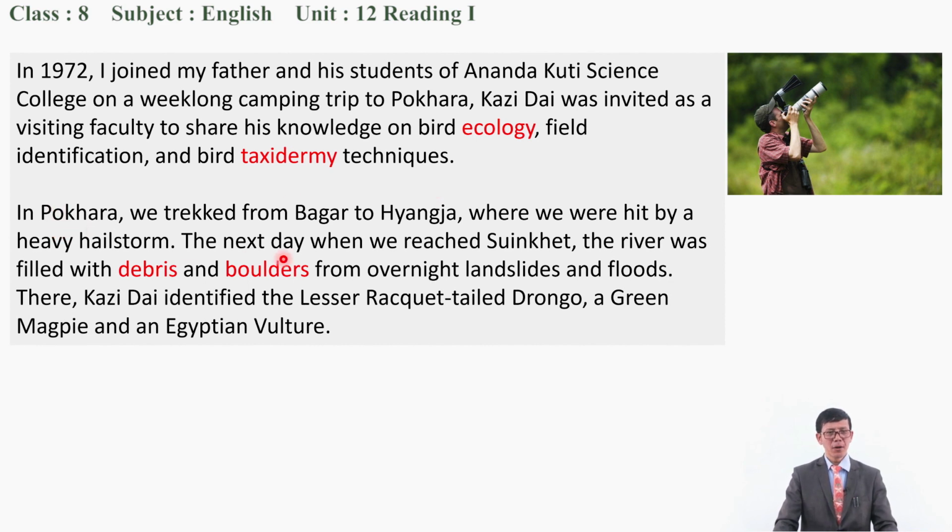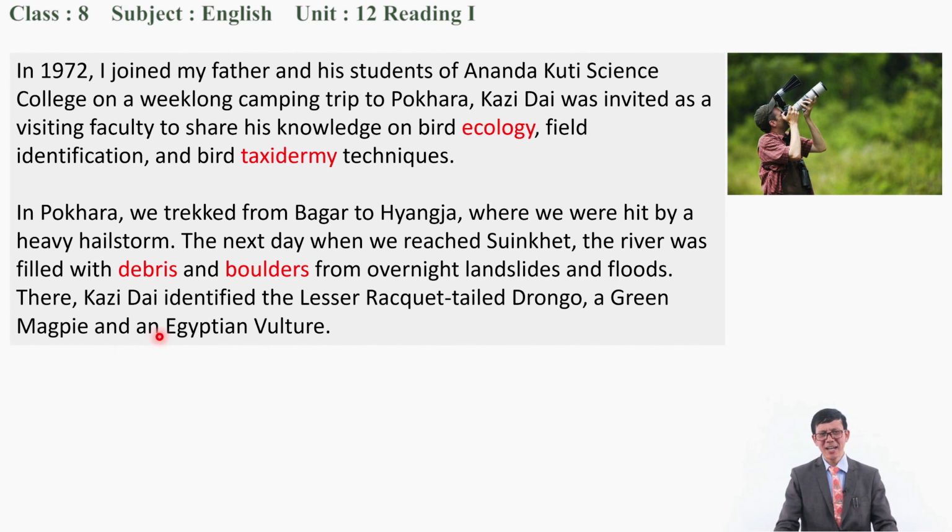In Pokhara, we trekked from Bagar to Hangja, where we were hit by a heavy hailstorm. You know hailstorm? Okay, right. We were hit by a heavy hailstorm. And the next day when we reached Sunkhet, the river was filled with debris and boulders from overnight landslide and floods.